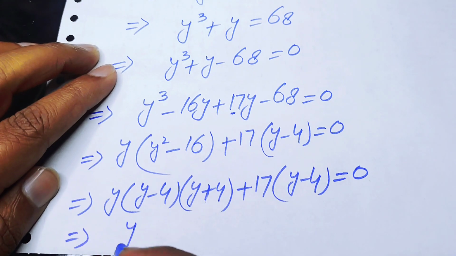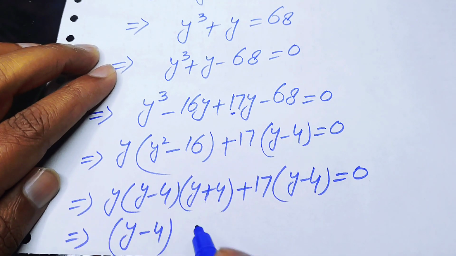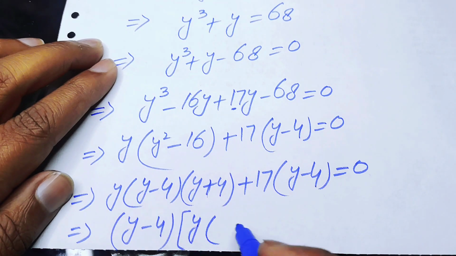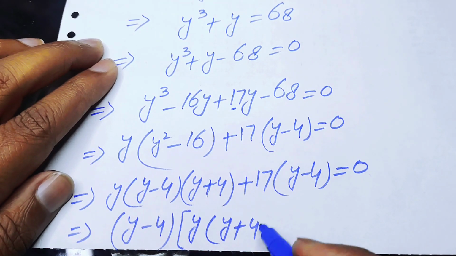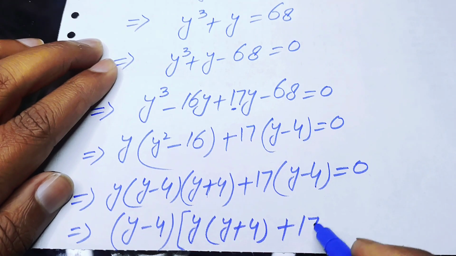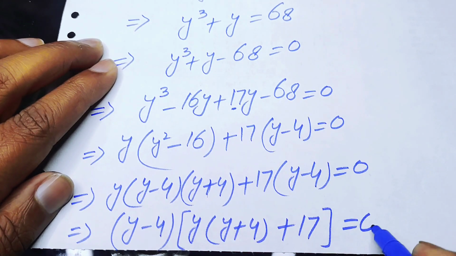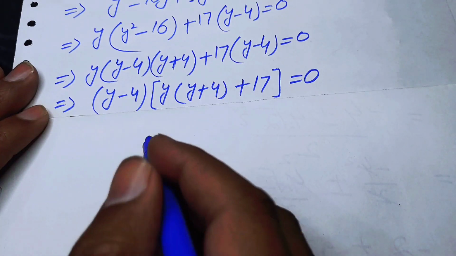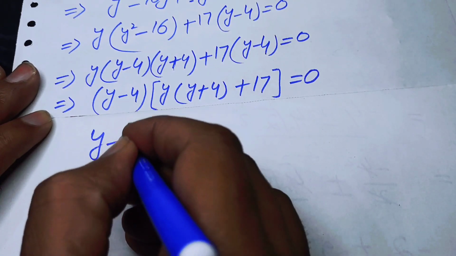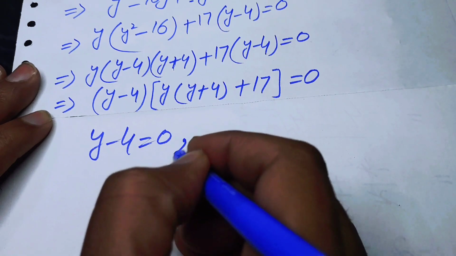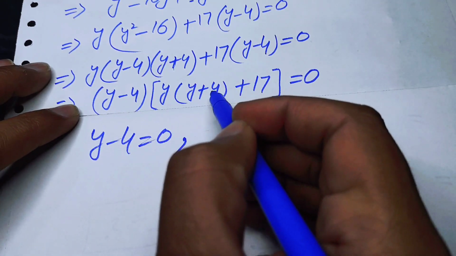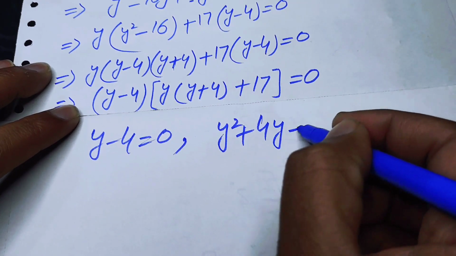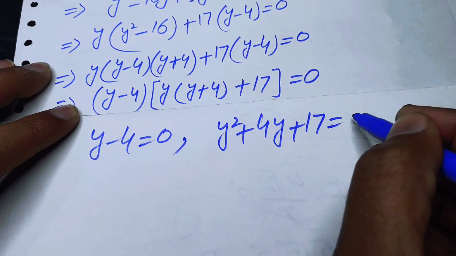Now we take y minus 4 common from both terms and we obtain y minus 4 times y squared plus 4y plus 17 is equal to 0. So now we have y minus 4 is equal to 0, and also y squared plus 4y plus 17 is equal to 0.